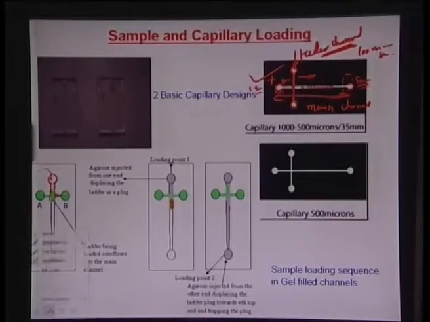As you see in this figure, there is a crisscross channel. This channel is for loading the DNA sample, and the other white channel is for translating the DNA and causing the electrophoresis to happen.